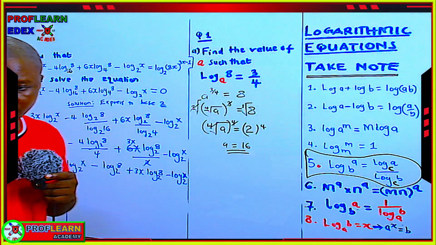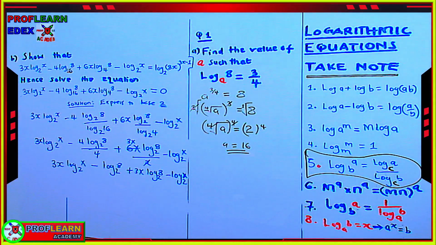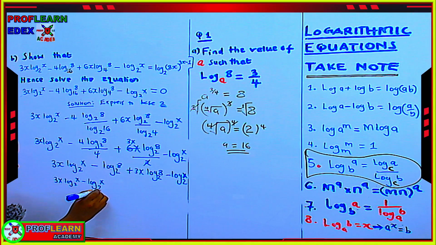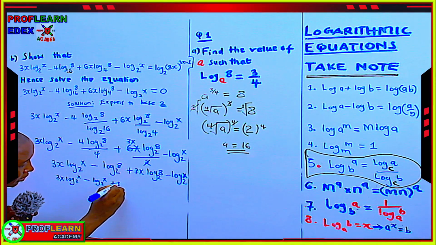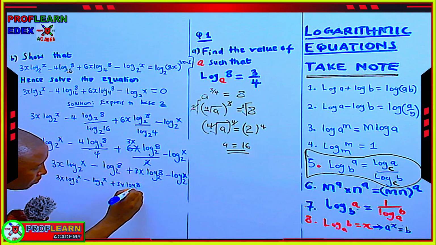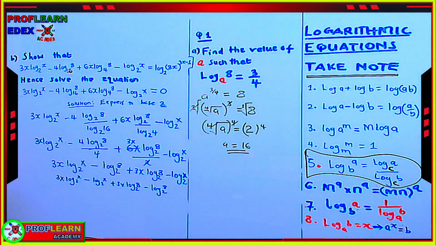We need to go further, and in that way let me put the like terms together, because we can say 3x log x base 2 minus log x base 2, then plus 3x log 8 base 2 minus log 8 base 2, this one here.